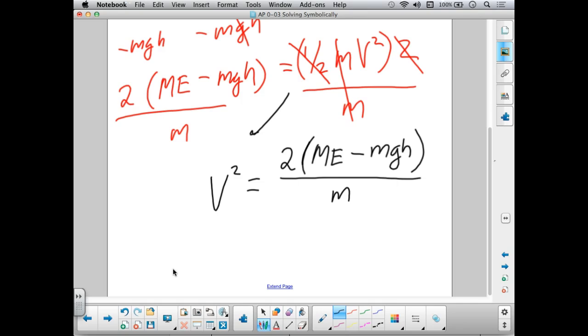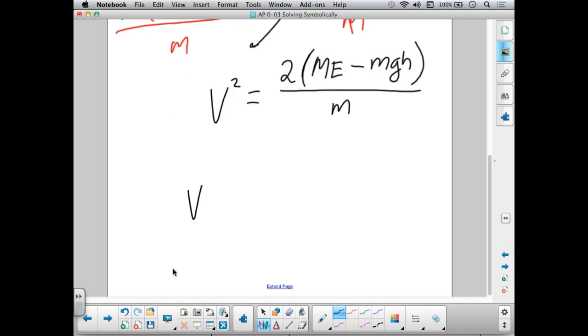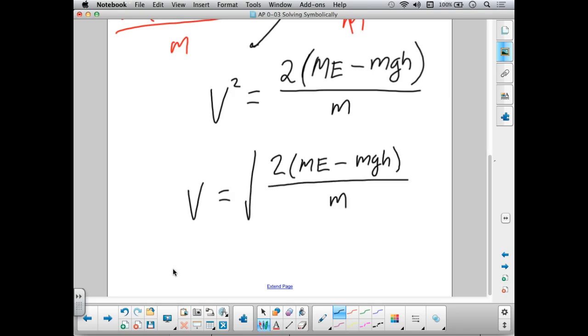I still need to get the velocity by itself, which at this point is just one last step. Let's take the square root of both sides. And if I do that, I get v equals the square root of 2 times the quantity me minus mgh over the mass of the object.